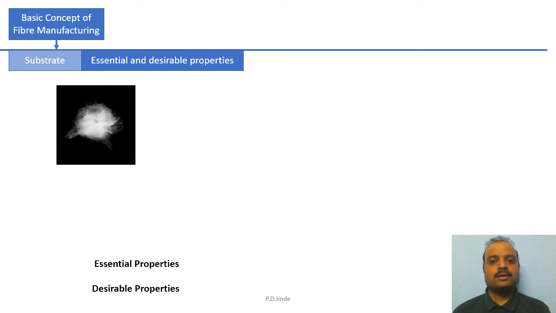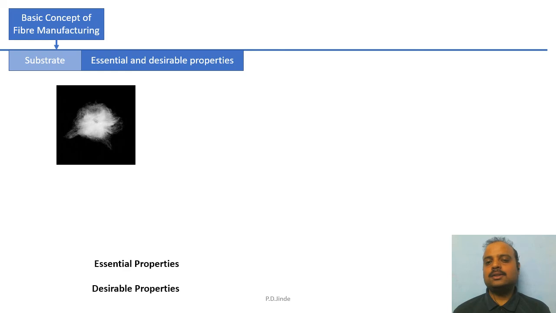Fiber must withstand and sustain all those treatments, and to do so, fiber must have essential properties. So as the name suggests, essential means must-have properties, and desirable means they add value to the final product. Desirable properties are relatively less important than essential properties, but if any fiber possesses them, it adds value.